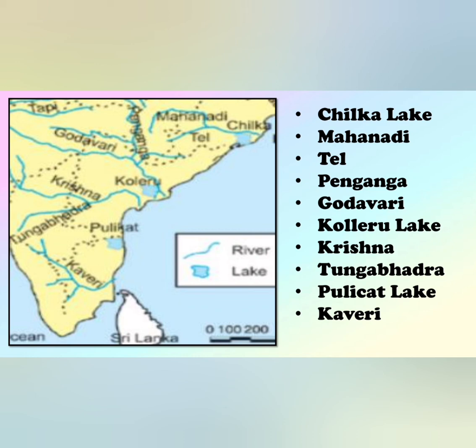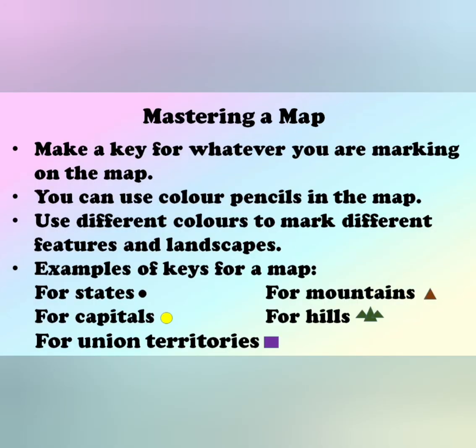Children, make sure to keep all of these slides with you when you are marking the rivers and the lakes in the map. So children, I hope everything that we learned today is clear to you. Now children, here are a few tips that will make map work easy for you.